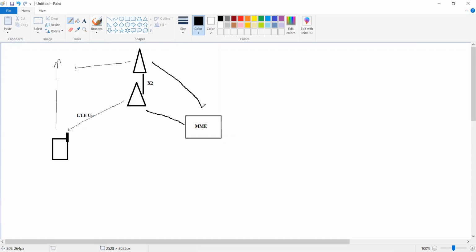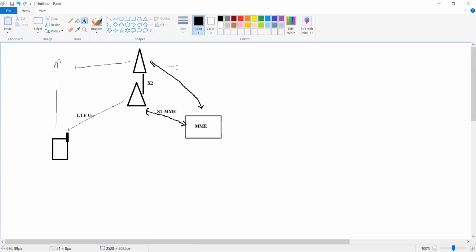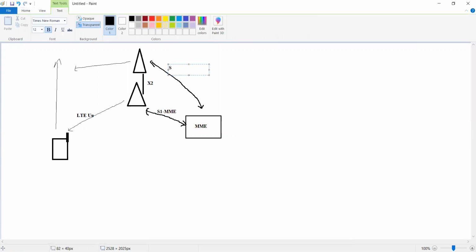There will be several eNode Bs in the field, right? So this eNode B will be connected with the MME via the S1 interface. We say S1-MME, or just the S1 interface.